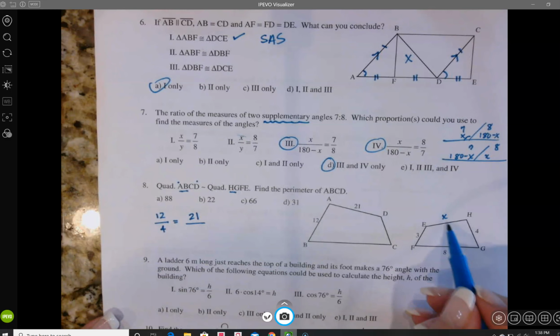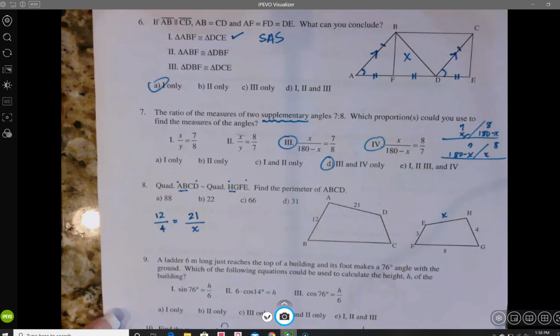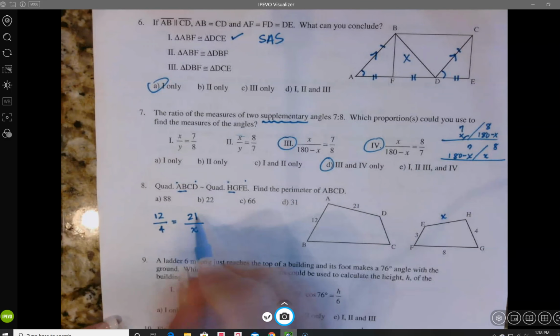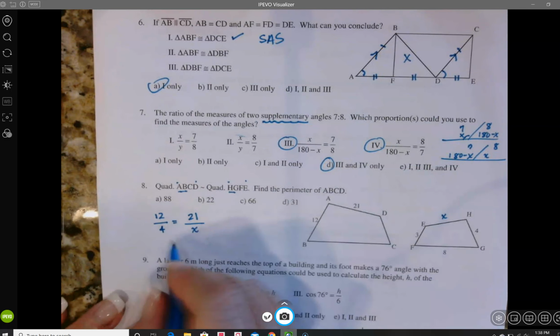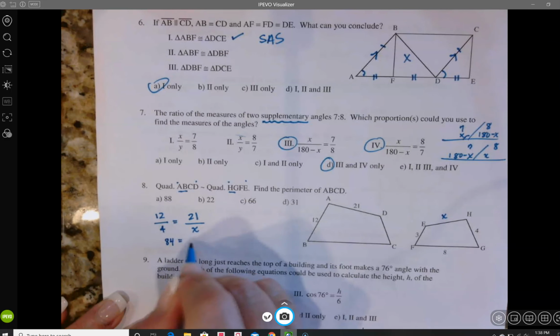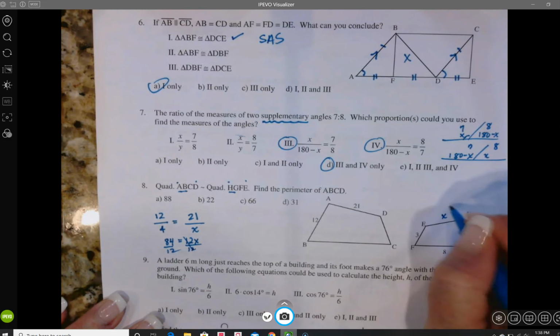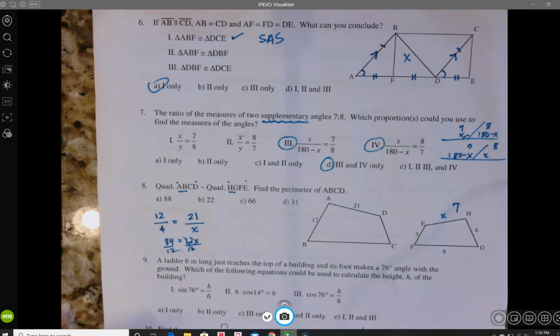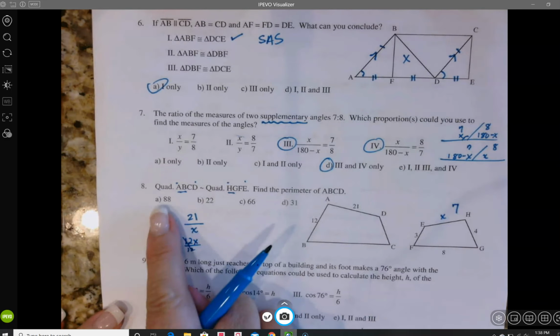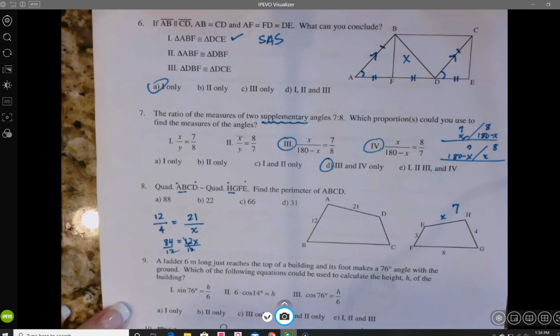And then this X right here, or HE, that's what's going to be the matching side. So I'm setting up a proportion, and I'm going to cross multiply. 4 times 21 is 84, equals 12x, divide by 12, and we get x equals 7. So this missing side here is 7. So that's not one of my choices, so they didn't try and trick us that way.